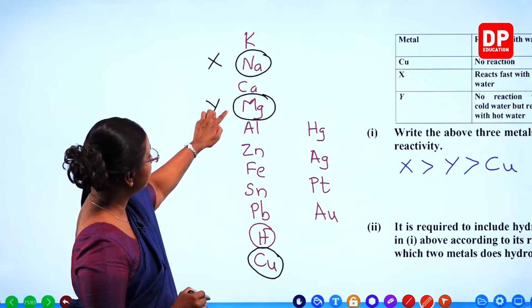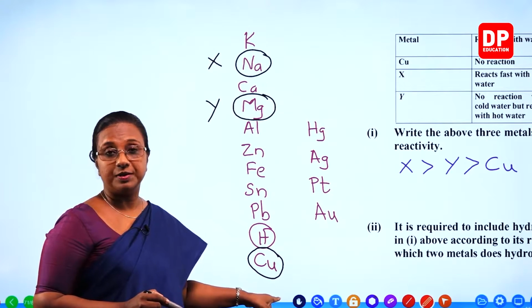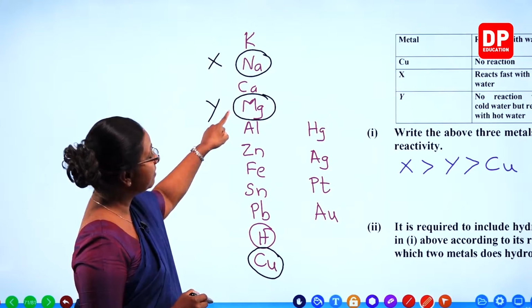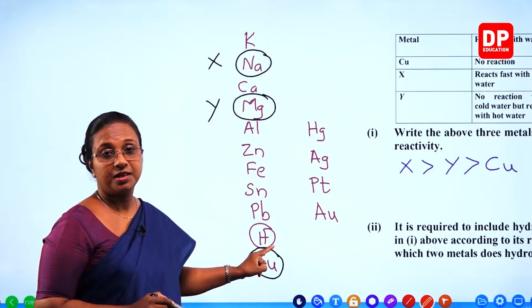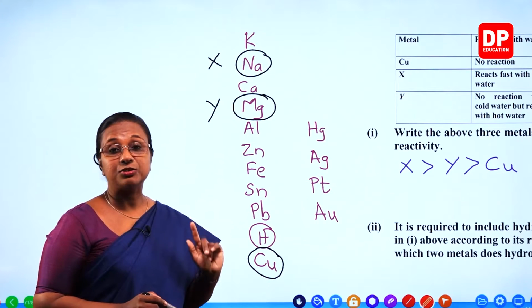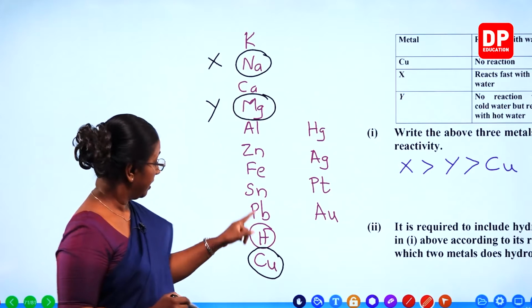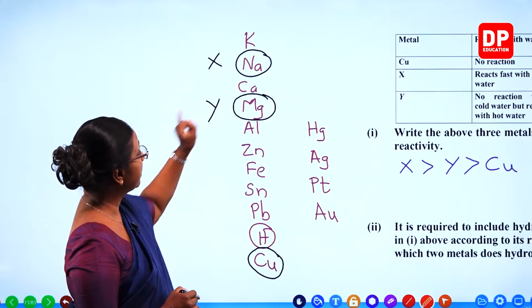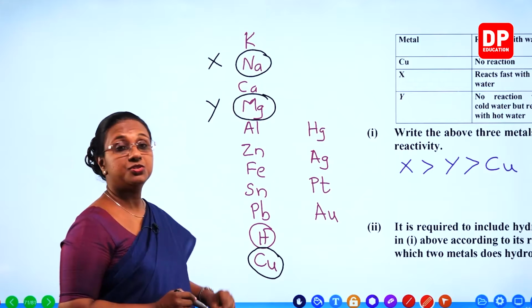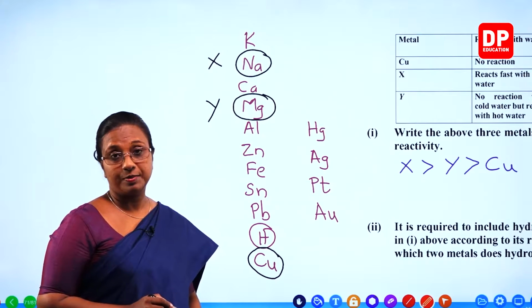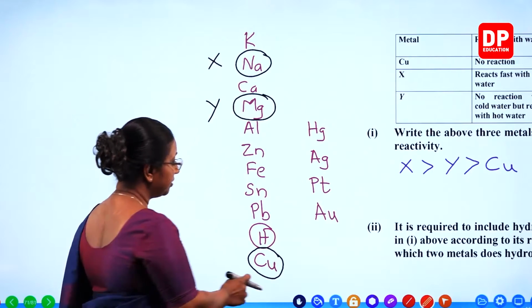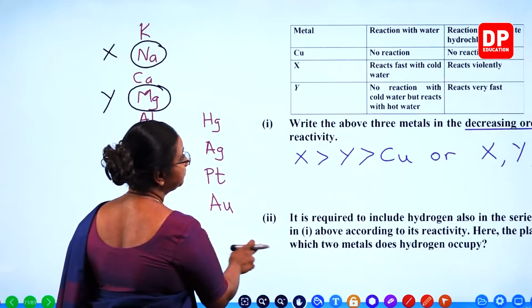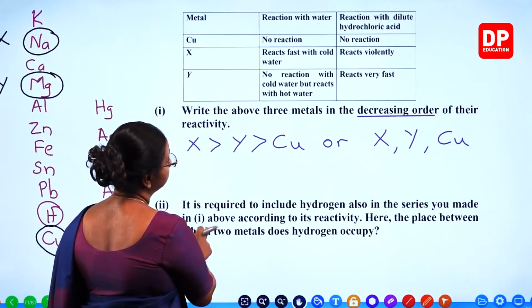It has to be between magnesium and copper. It's less reactive than magnesium, more reactive than copper. That is why you can remember in electrochemical cells, hydrogen is displaced by magnesium, but it is not displaced by copper. Is that clear?